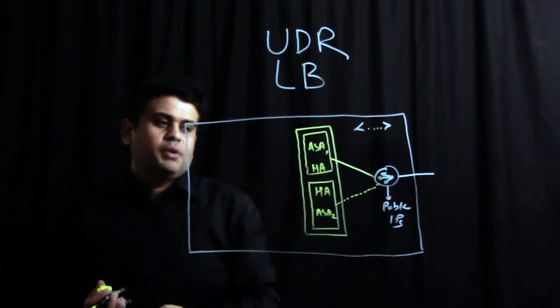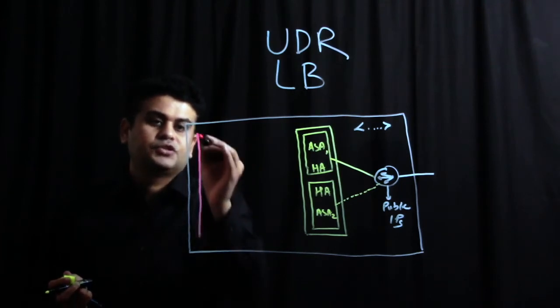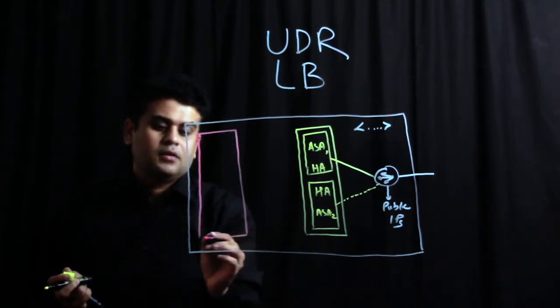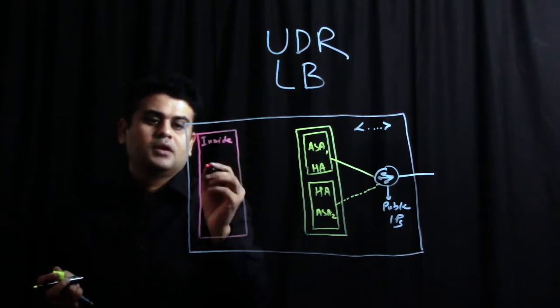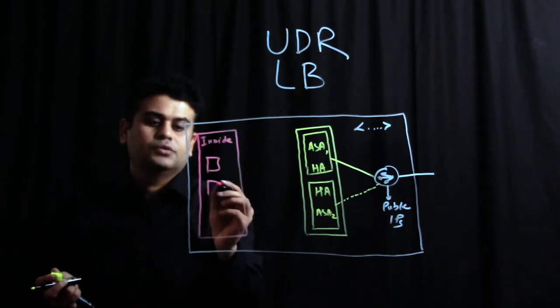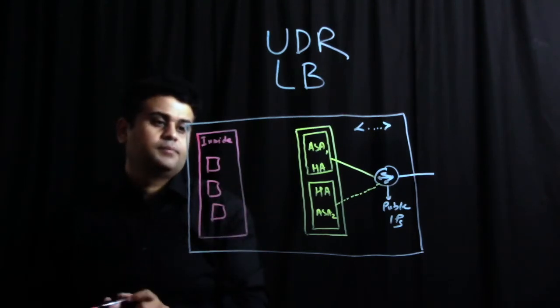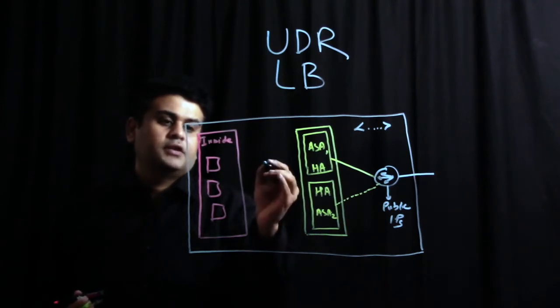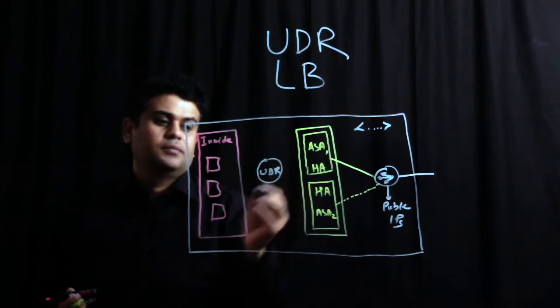Behind our ASA, we have our internal subnet. We can call it the inside or protected subnet. In this subnet, we have workloads. And these workloads are protected by a pair of ASAs running in HA. We have UDR.